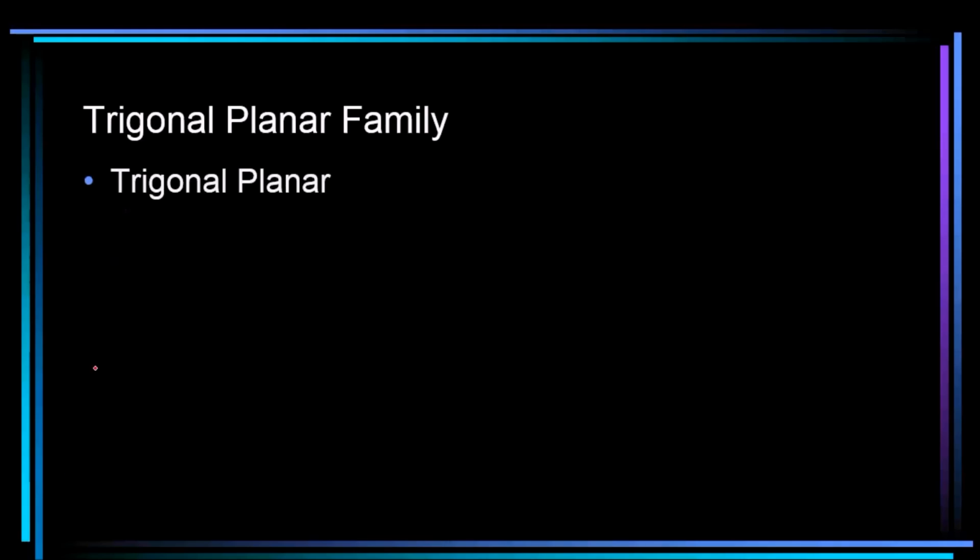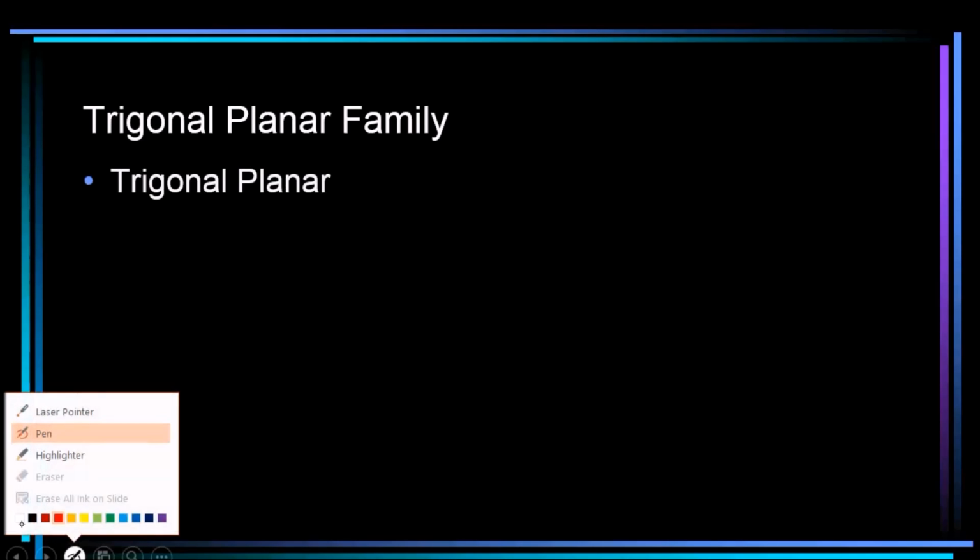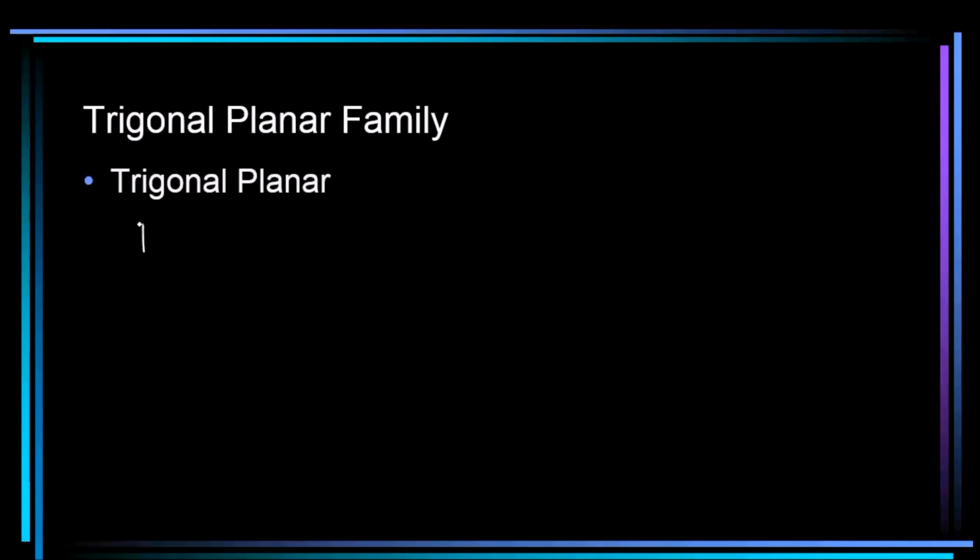All right, our poster child is going to be somebody that we talked about last time. BCl3. Boron is 3. Chlorine is 3 times 7. That's 21.